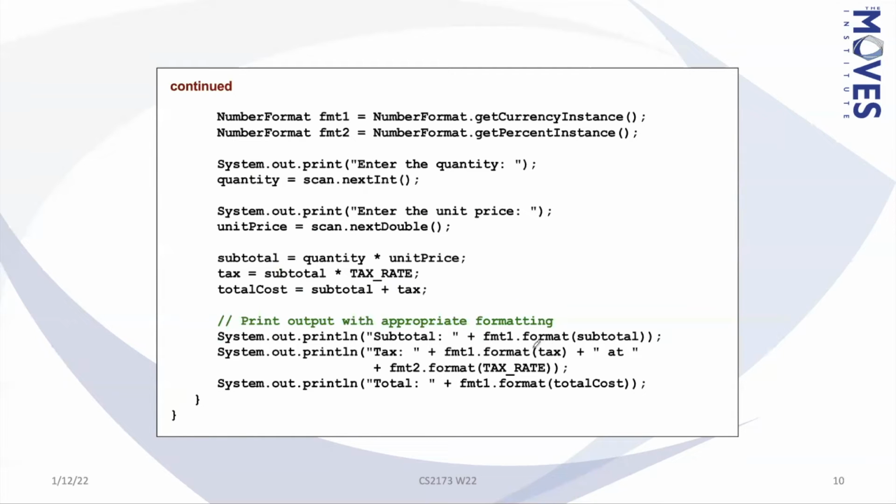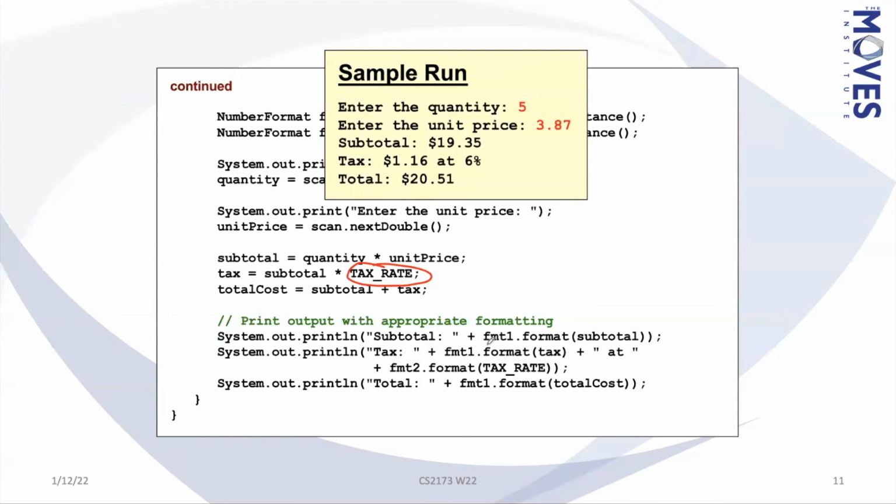So here's where they're using the format. You notice that it formats this subtotal, which in general might have more decimal places.